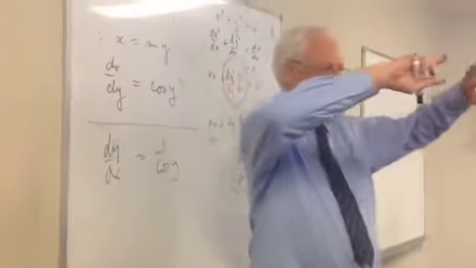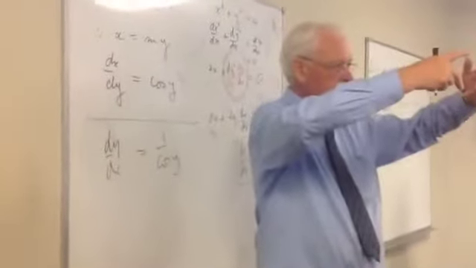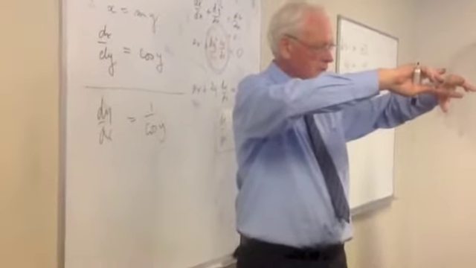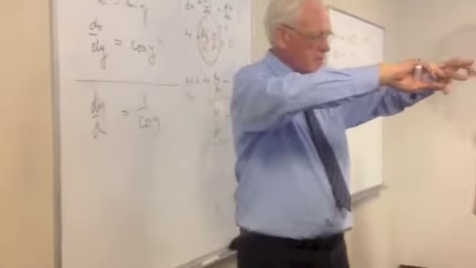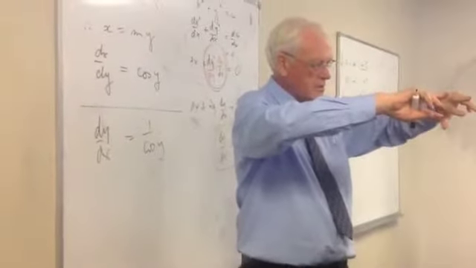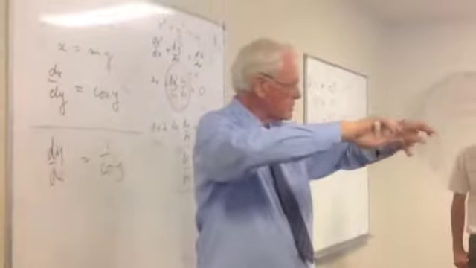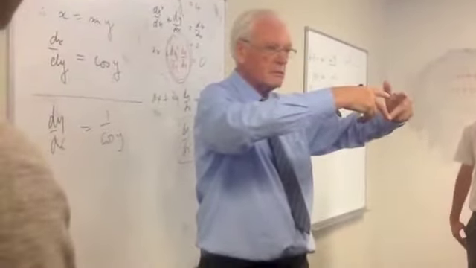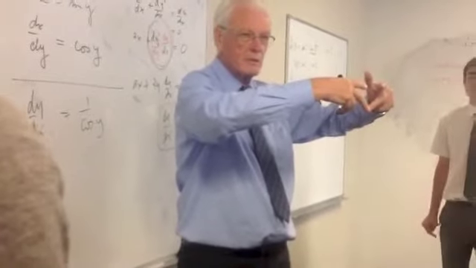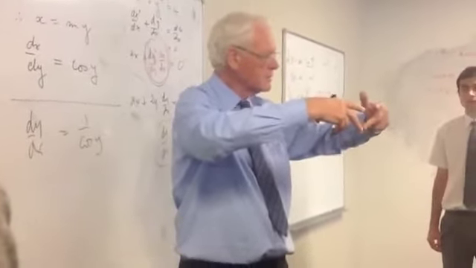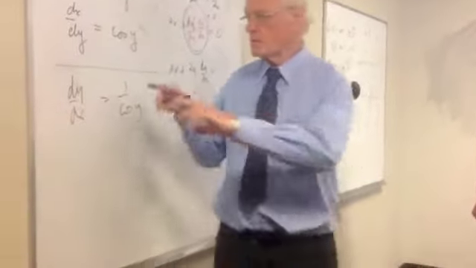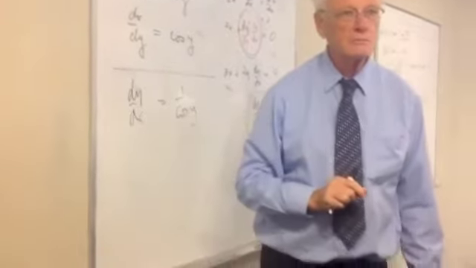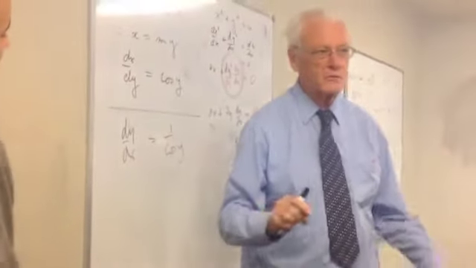In other words, dx/dy is 1 over dy/dx. It's clear? Do you follow what I'm saying? Yes. What am I saying? That if you've got that, and that's what we have a lot, as you'll see as we go through.